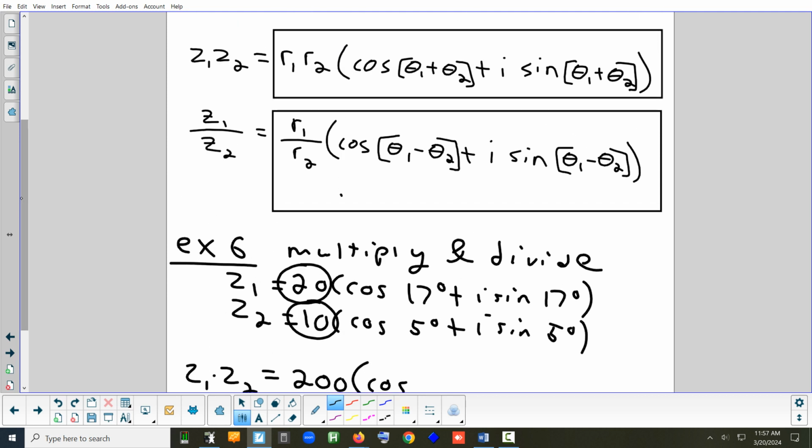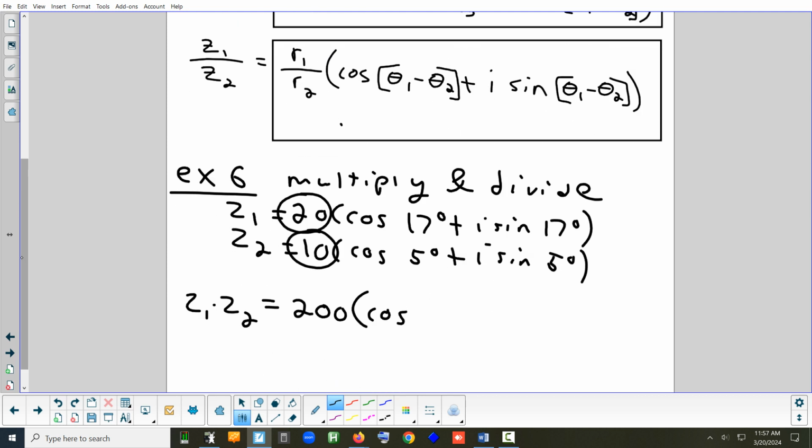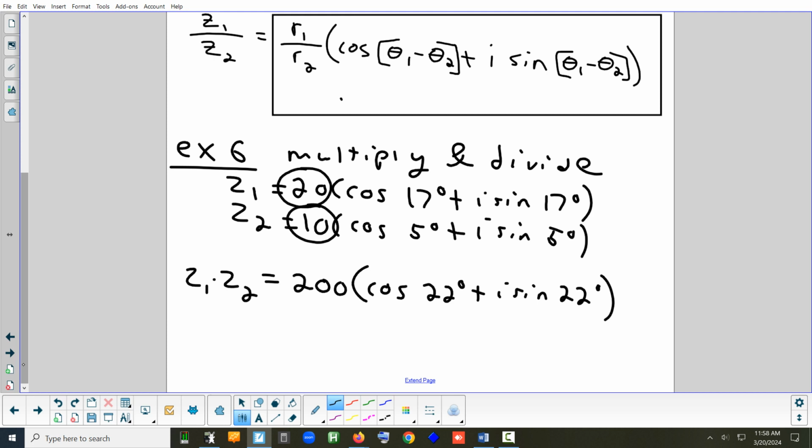And what do you do with the two angles? Add them. What's 17 plus 5? 22. That's the final answer. So no worrying about all the stuff we had to do the first time I showed you. The reason I showed you the first time is because I want you to see how much better this is than the other way.